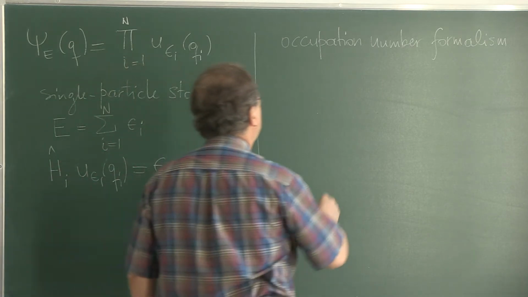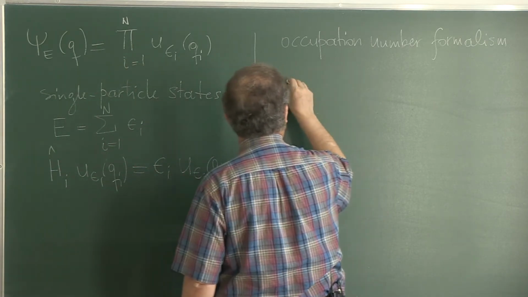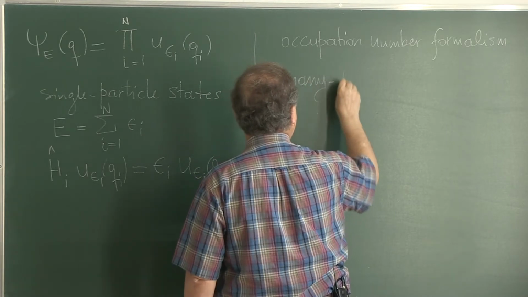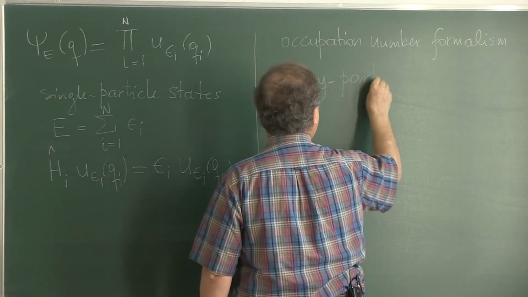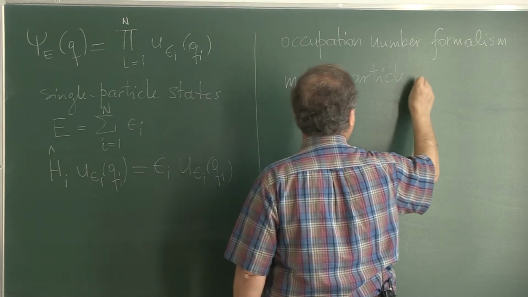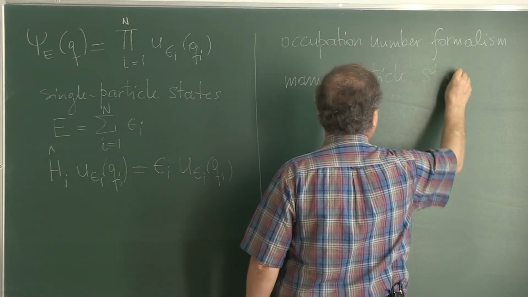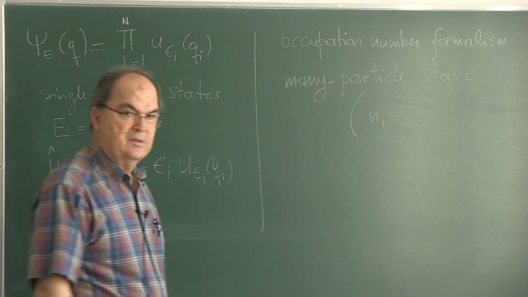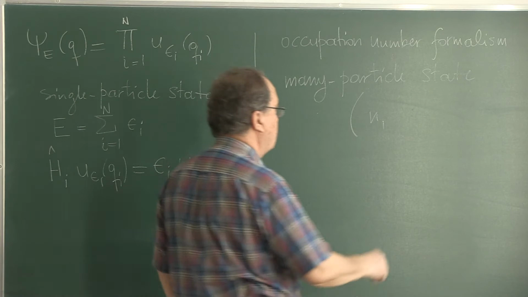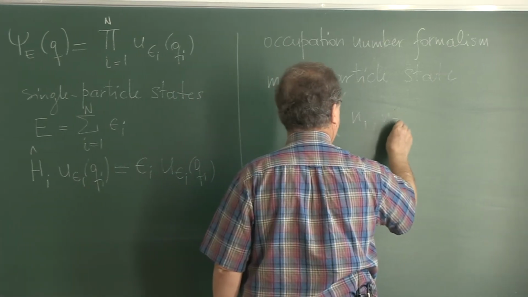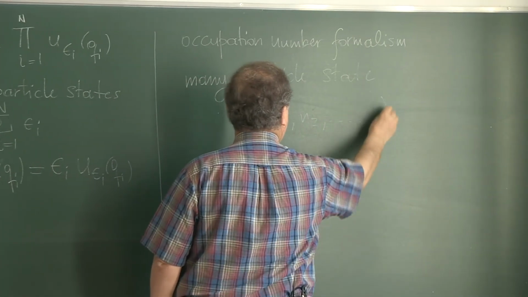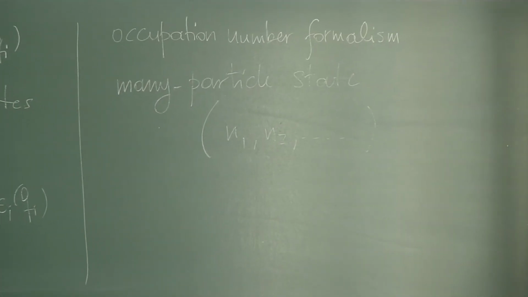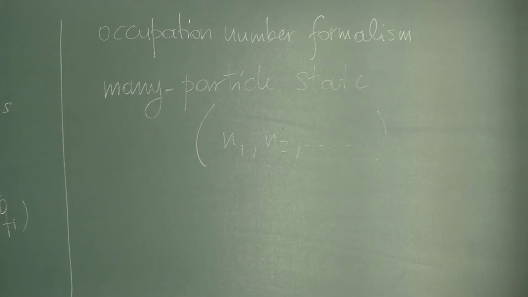In other words, here is the many particle state: one particle in state 1, and 2 particles in state 2, etc. That's the occupation number formalism.